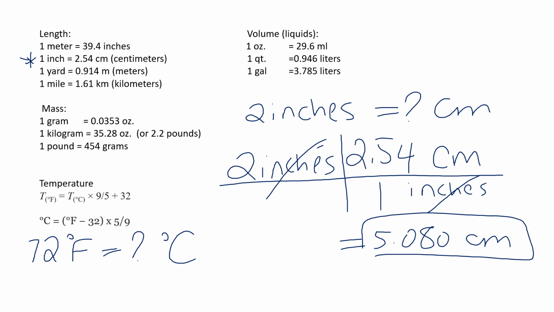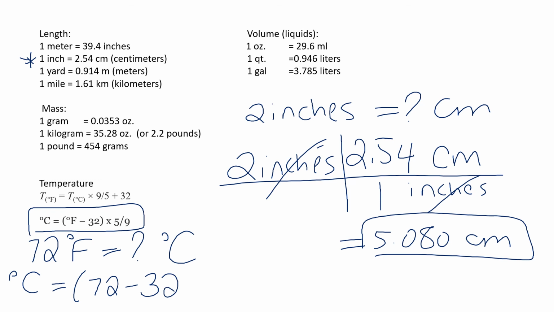Okay, so what you would do is use this equation because I want to figure out my degrees Celsius. So I would do my 72 Fahrenheit, and then the equation is telling you to minus 32, and then you're going to multiply your answer by 5/9.